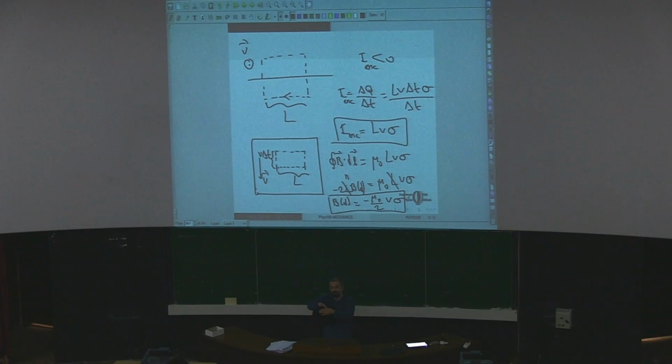If you just imagine that this is the segment of my loop, all the charges in this area will pass through my loop. The plate has moved a distance V times delta T. That is why the height of this rectangle is V times delta T. So that gives me the total charge is LV delta T times sigma. So the total enclosed current is given by this expression over here.